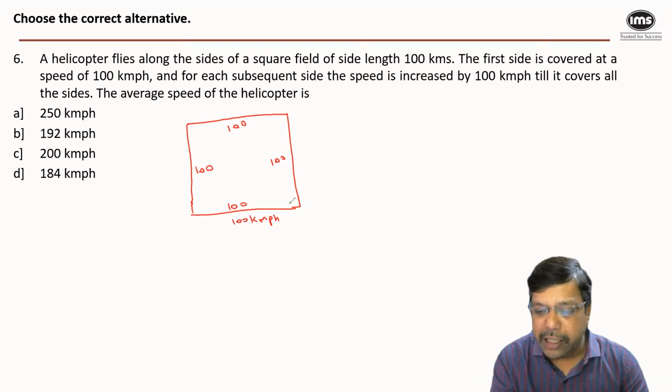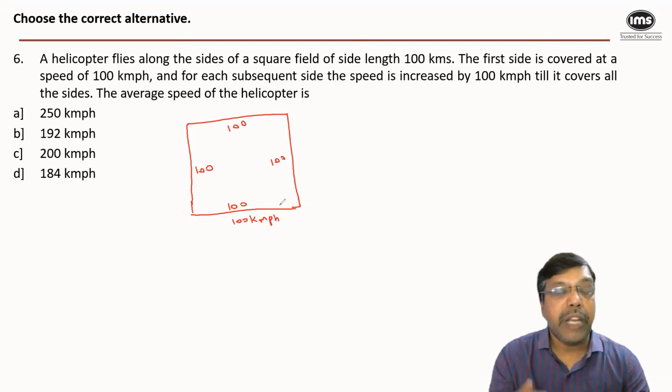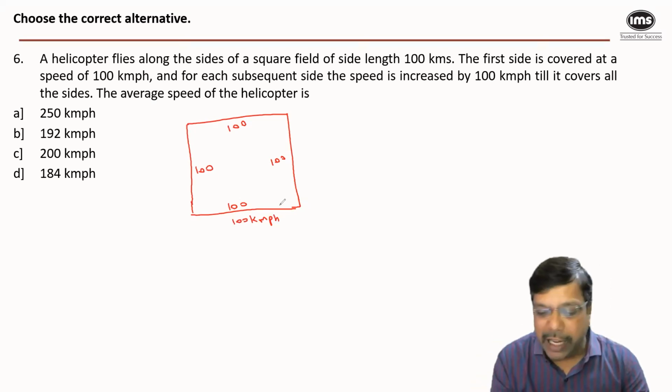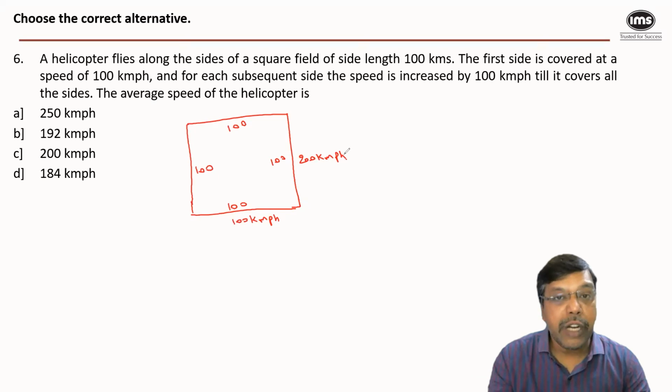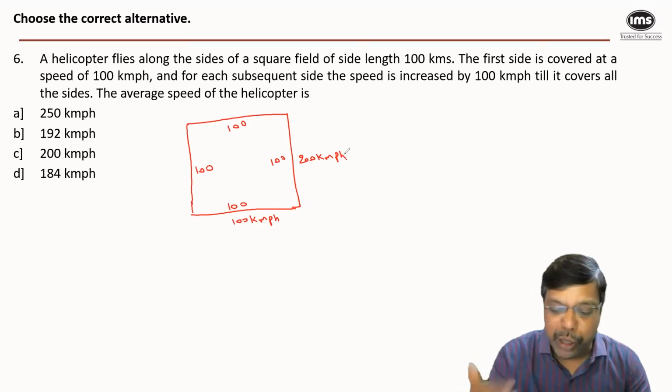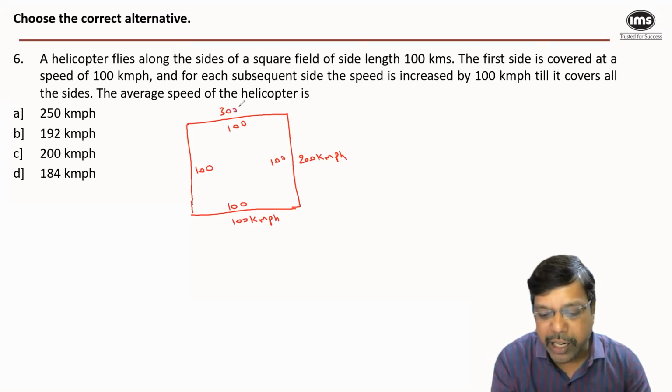The second side is covered at a speed that is increased by 100 km/h, which means 200 km/h. The third side is covered with a speed that is 100 more than the previous, so 300 km/h. And the fourth side with a speed of 400 km/h.